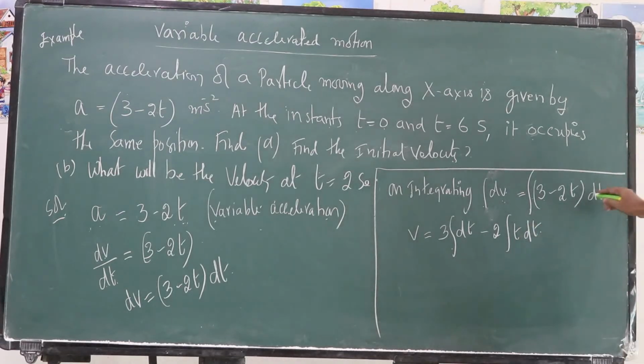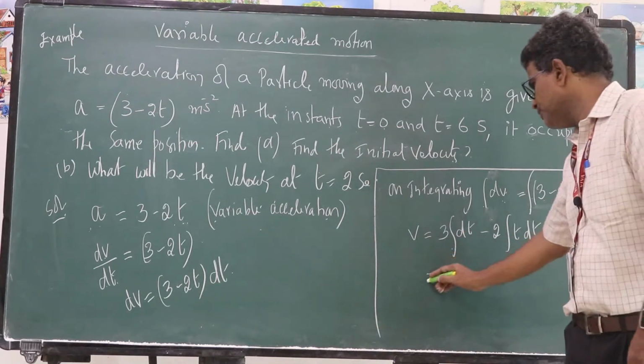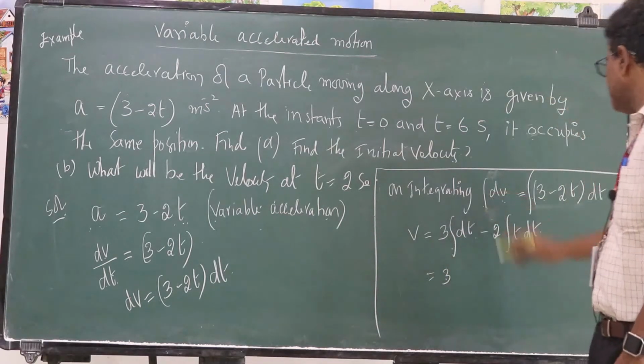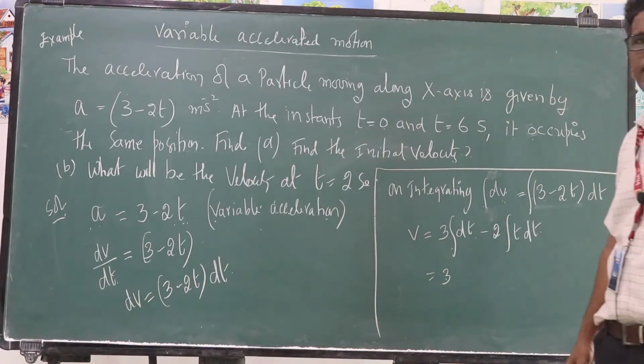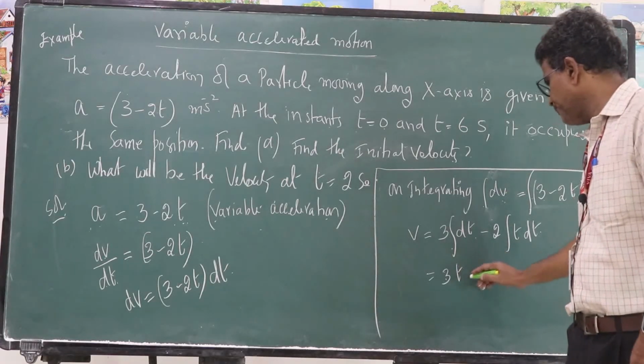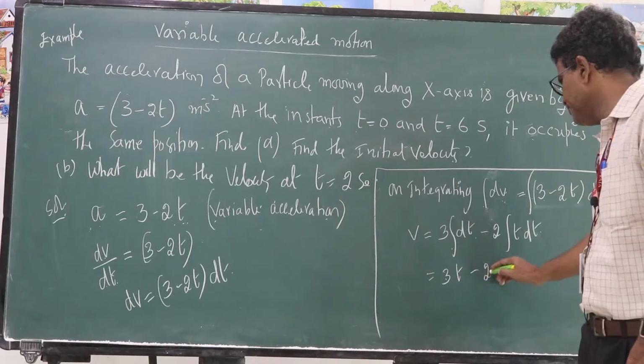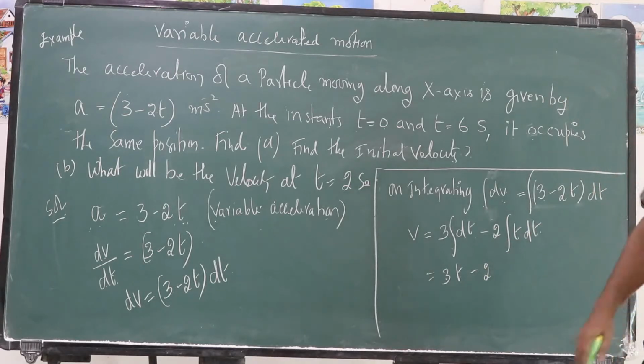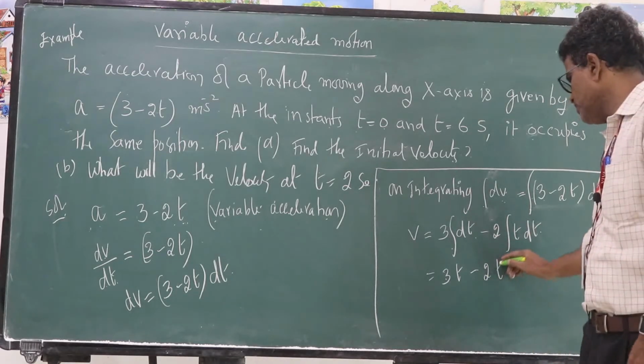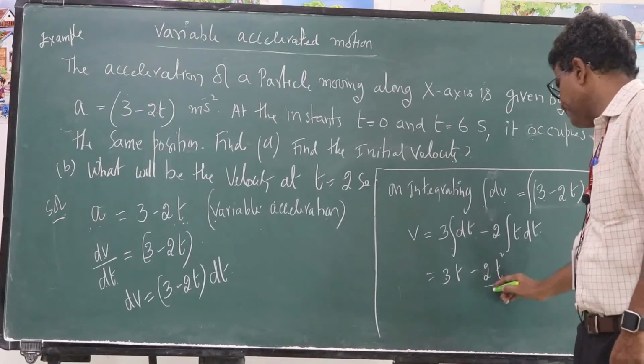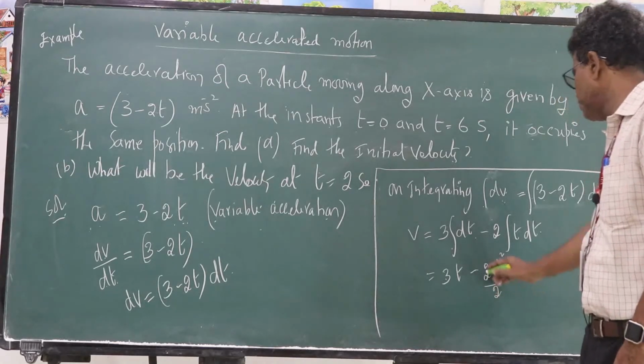I am just opening the brackets. So 3 integral dt, where integral dt is t, minus 2 into integral t dt, which gives t square by 2. So this 2 gets cancelled.